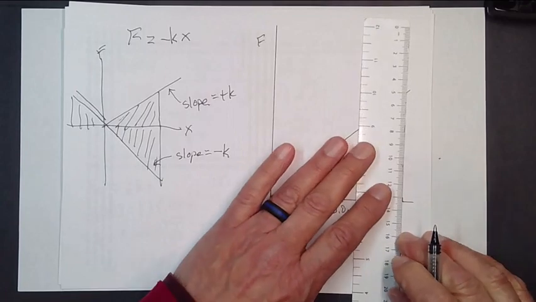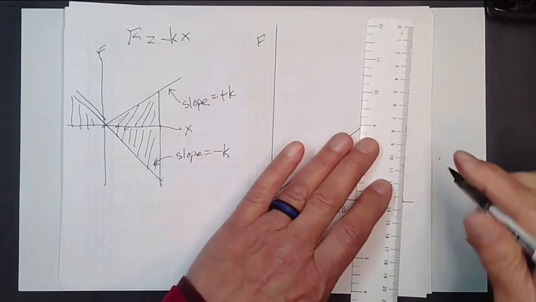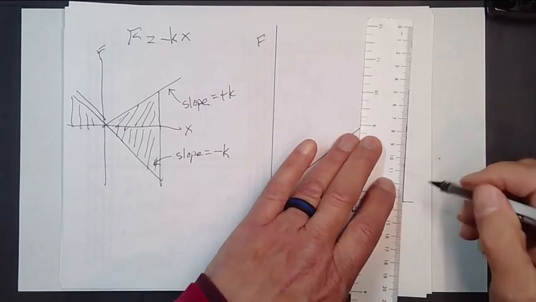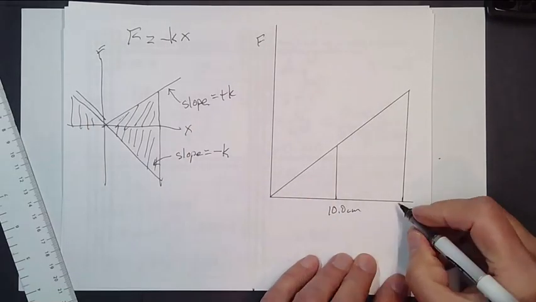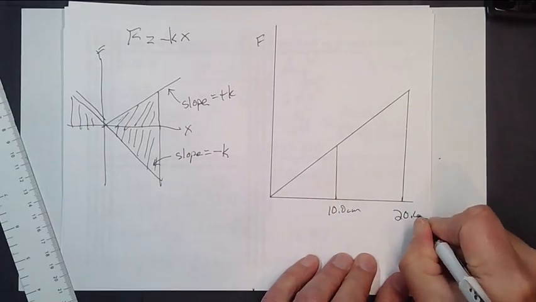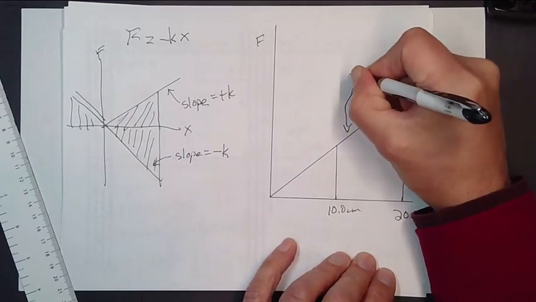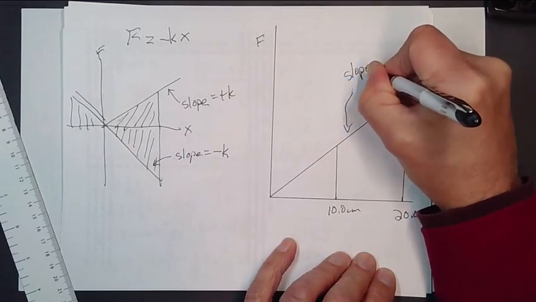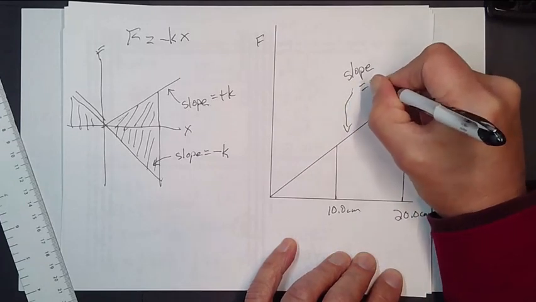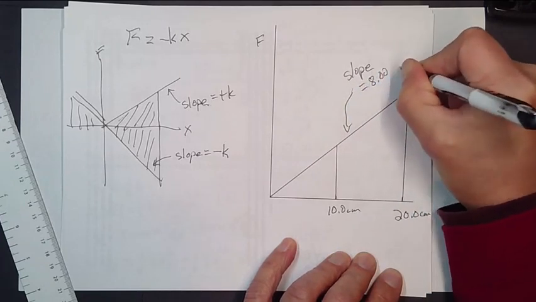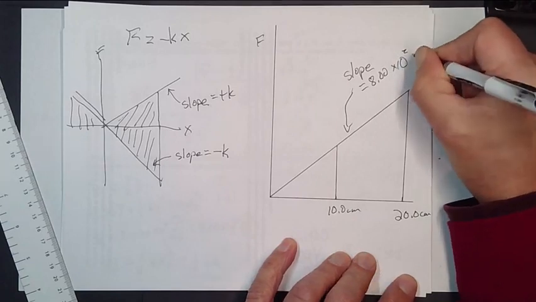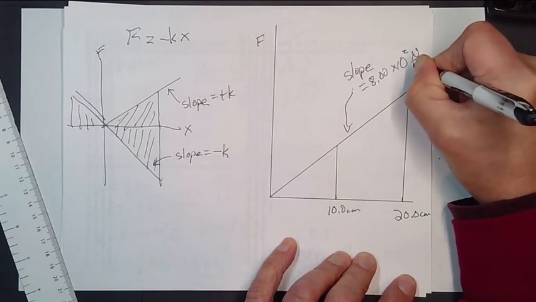And then I'll have another one over here that represents the 20.0 centimeters. The slope of this is the spring constant. That's the 8.00 times 10 squared newtons per meter.